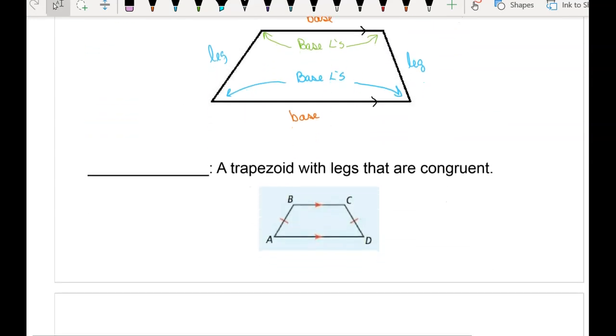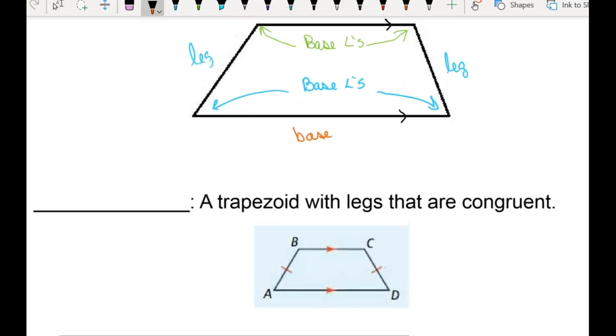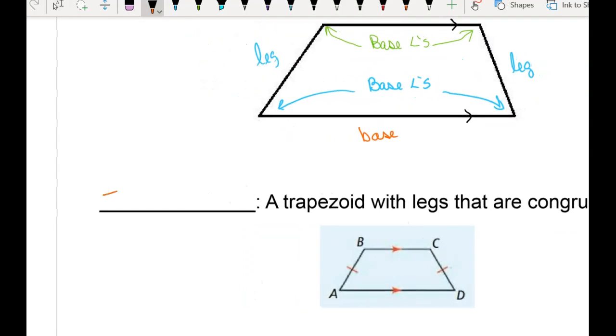Okay, so of course there is a special trapezoid. A trapezoid with congruent legs is called an isosceles trapezoid. Let's see if I can spell that. I-S-O-S-C-E-L-E-S. Isosceles trapezoid.